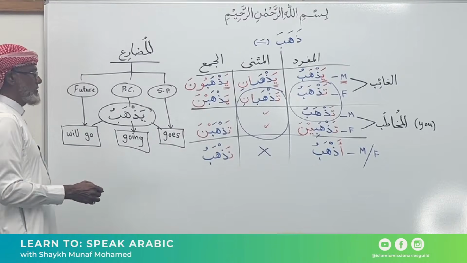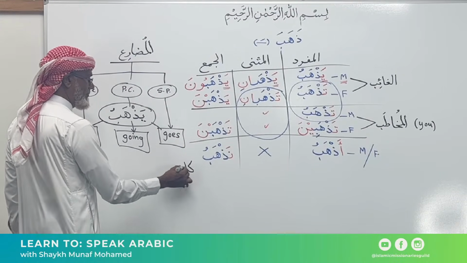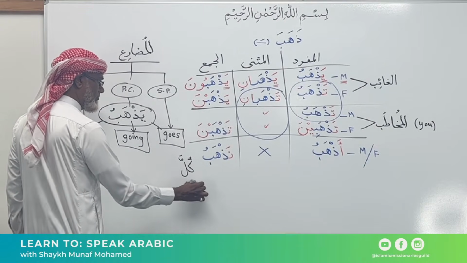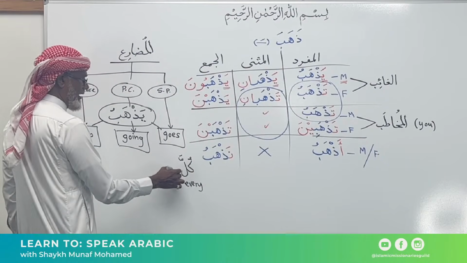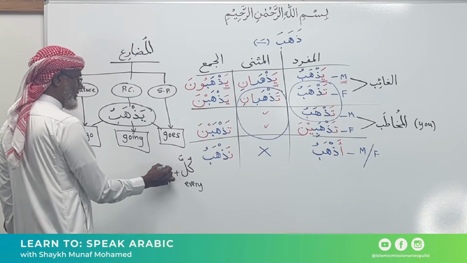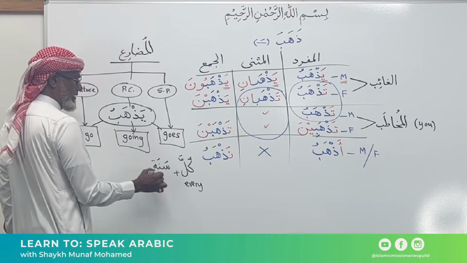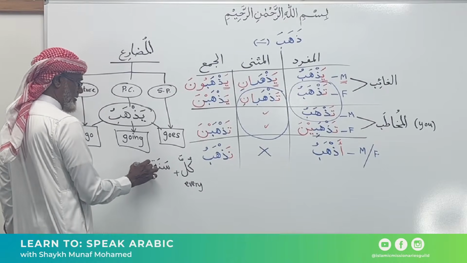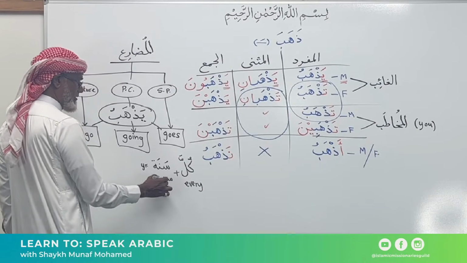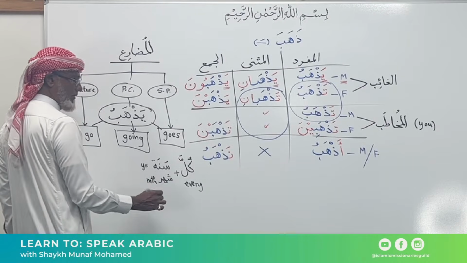So if you have in your sentence the word kulla, which means every, and after that you have some other words, like sana, which means year. You could have shahar, which means month.